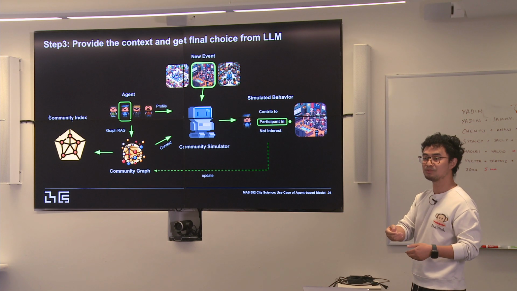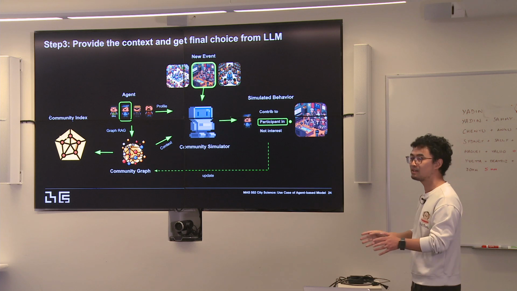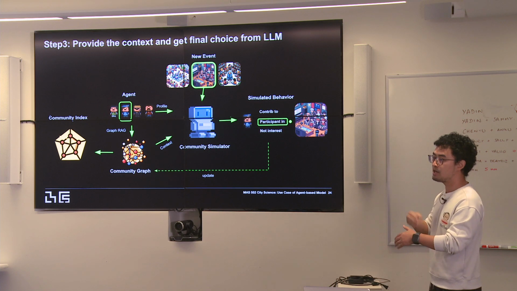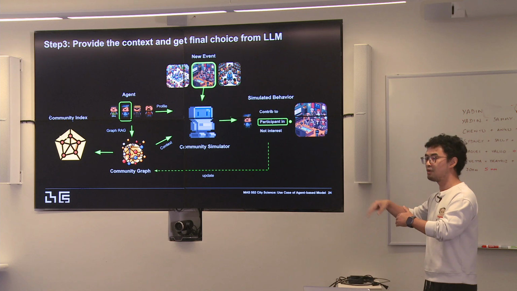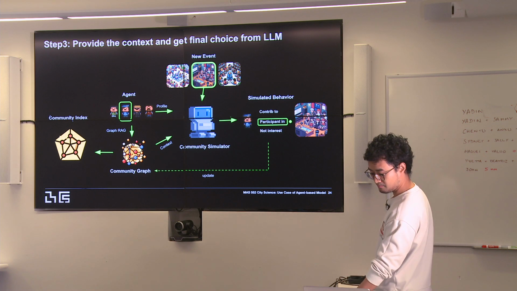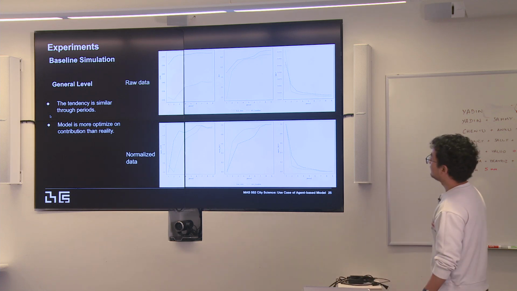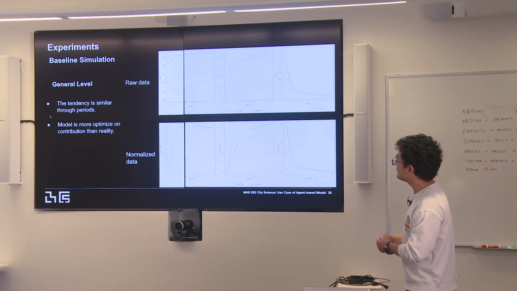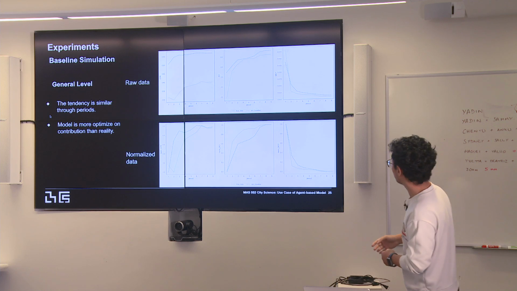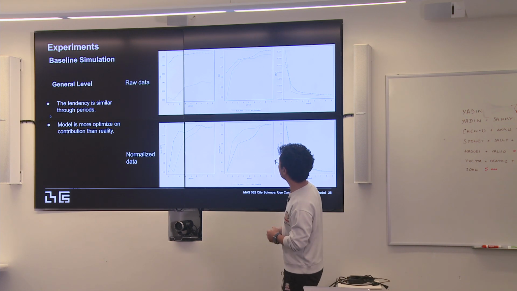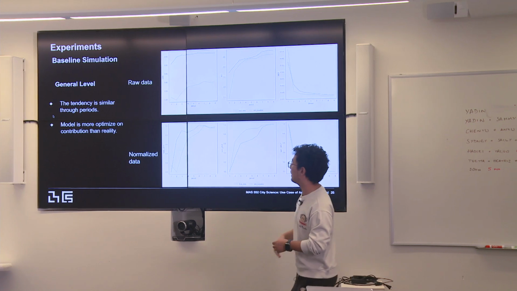There's a question related to this: is it a static behavior or a dynamic behavior? Using this kind of structure, the behavior of the agents keeps evolving during the simulation process. And these are the results of our experiments. As you can see, the light blue line is the ground truth, and the dashed line is our simulation.